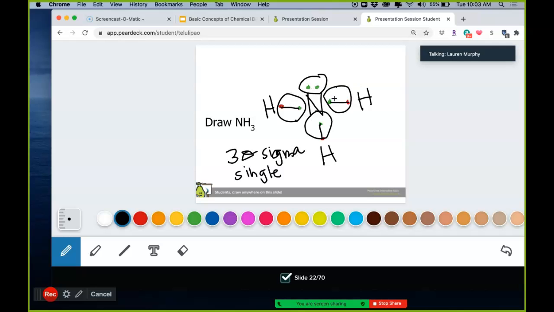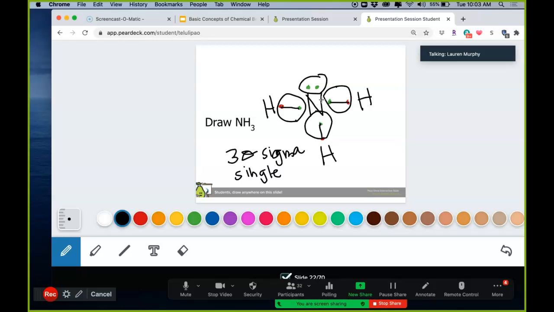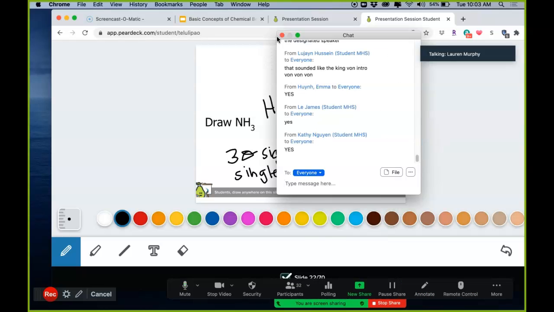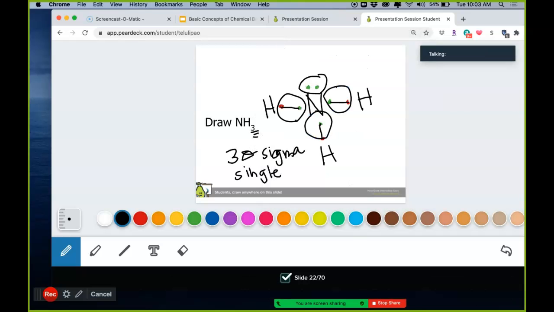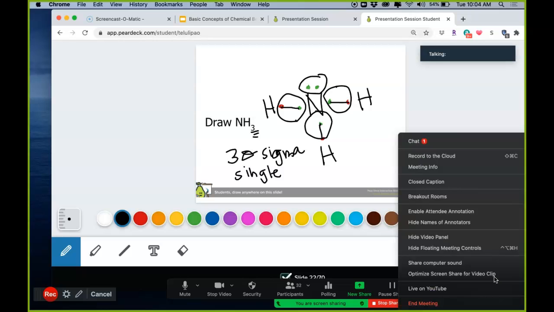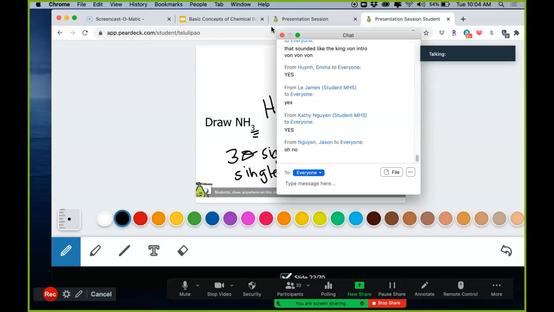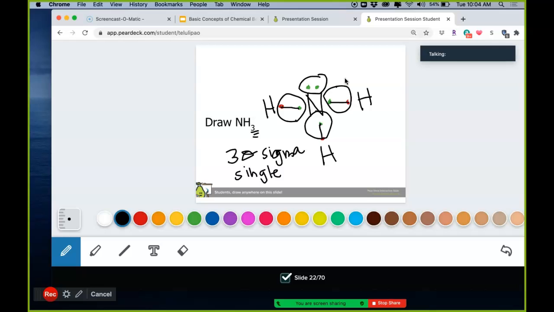Oh my gosh, you want to hear the cheesiest joke? This is actually perfect timing. What did the 3 hydrogens say to the nitrogen? I'm on ya.